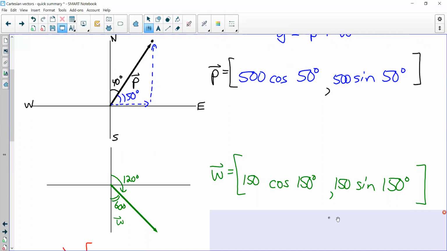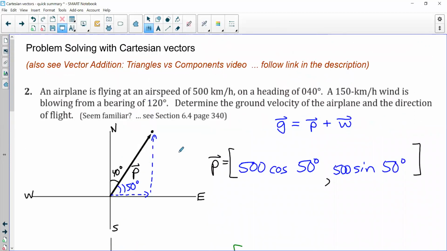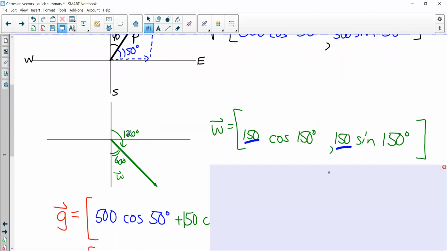And the wind has a particular magnitude of 150, but its direction, if you take a look up at the top of the question, it says a bearing of 120. So again, there's 120 in the diagram. And now you might be wondering why this is using cosine of 150.